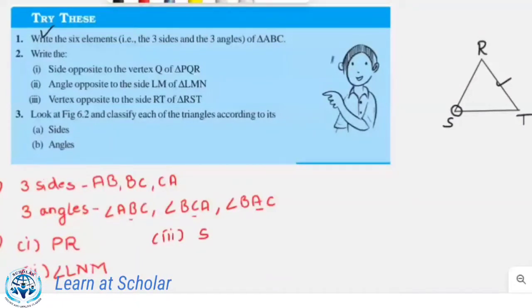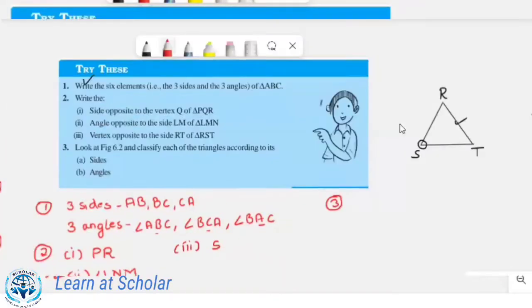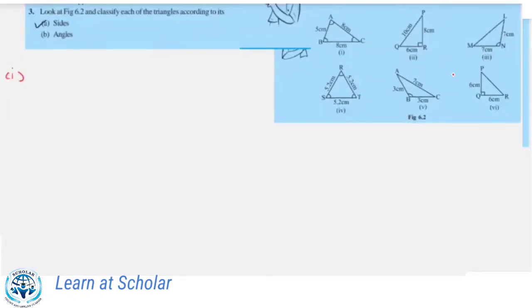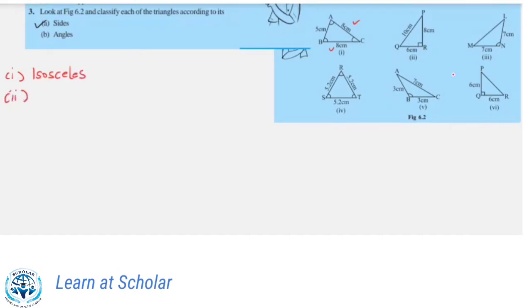Now the third one. Look at the figure and classify each of the triangles according to their sides and angles. The first one is isosceles because two sides are equal.